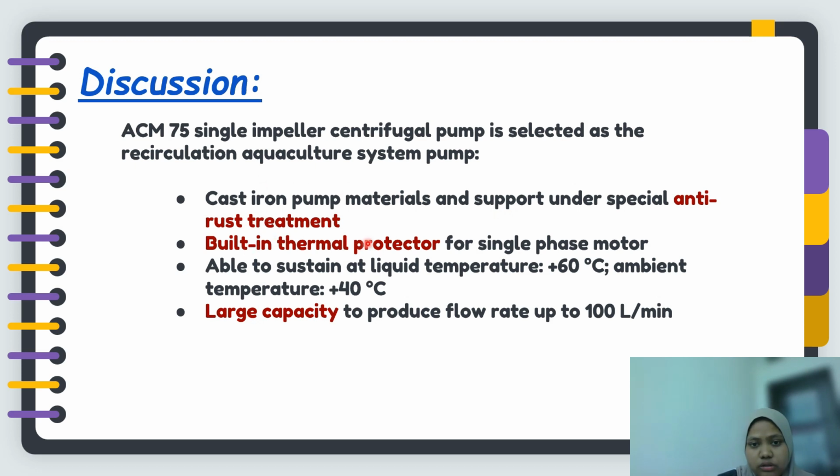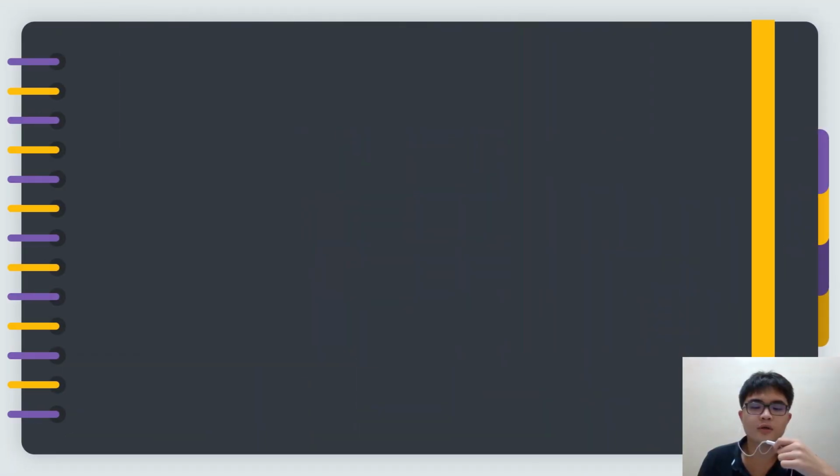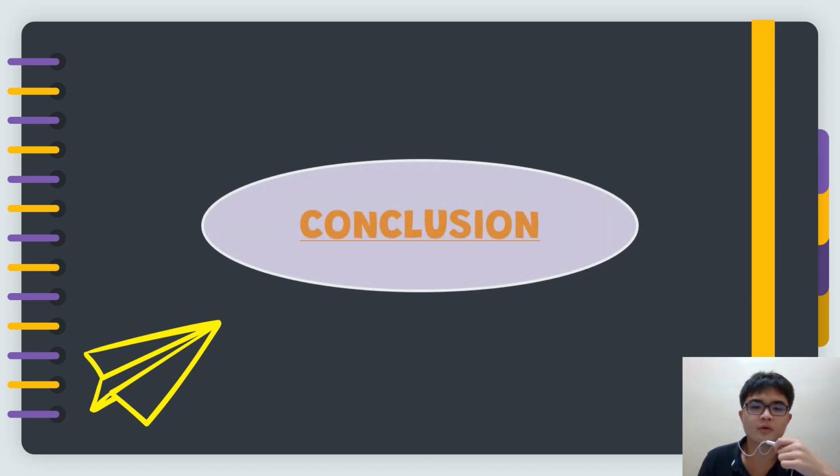It has a built-in thermal protector for the single-phase motor, and it is able to sustain a liquid temperature of 60 degrees Celsius and an ambient temperature of 40 degrees Celsius. And this pump has large capacity to produce flow rate up to 100 liters per minute. Okay, thank you, Kai. So now I will continue with the conclusion part.